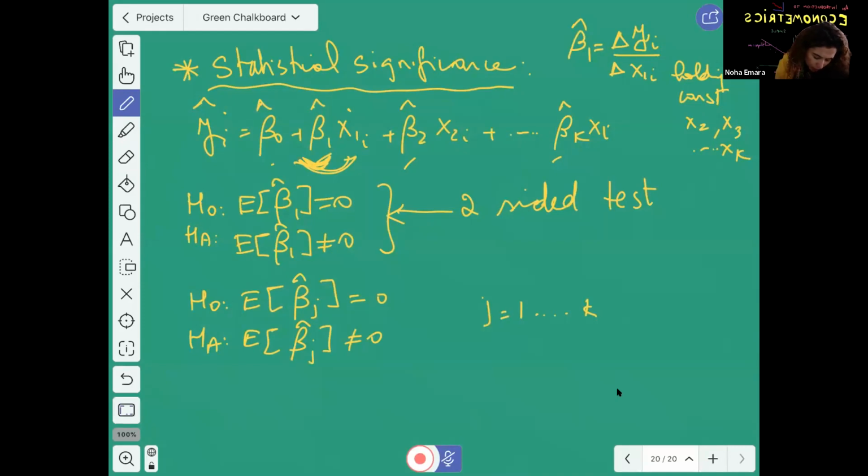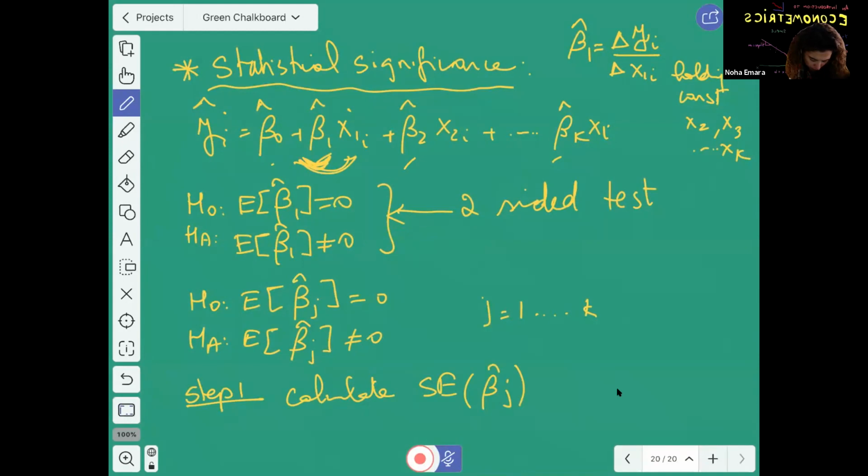How can I determine the statistical significance? I have steps. Step one, I need to calculate the standard error of beta hat j.